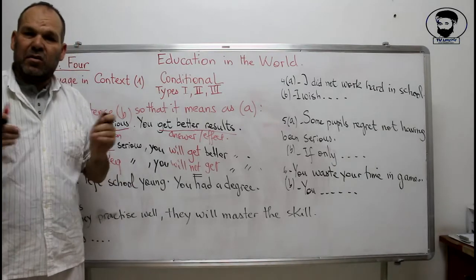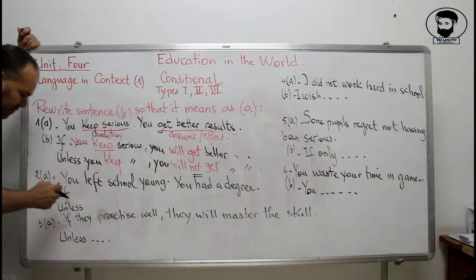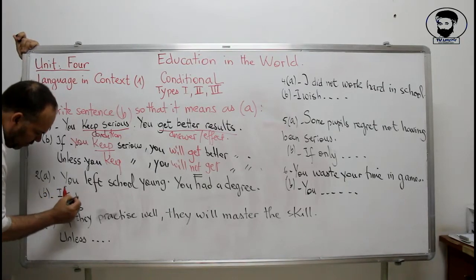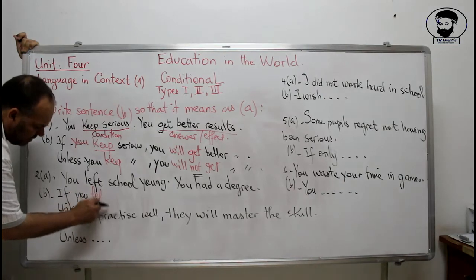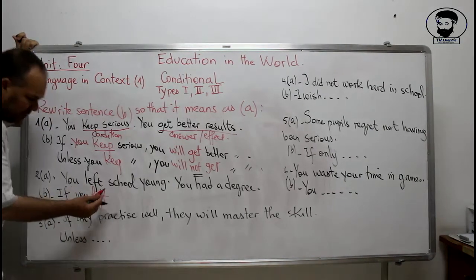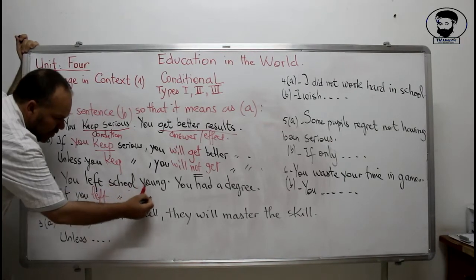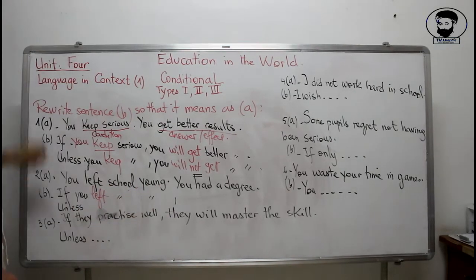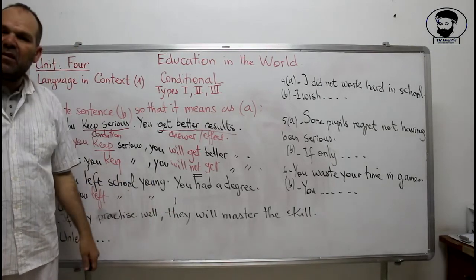The correlation is that there is a condition, which is if. Now, if you, let's use the form of left, which is in the past. If you left school young, comma, what happens?